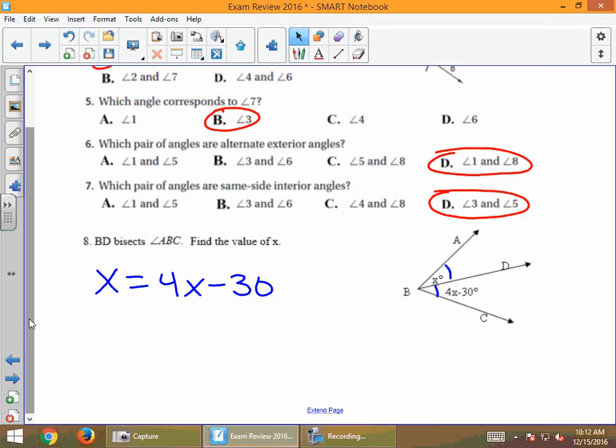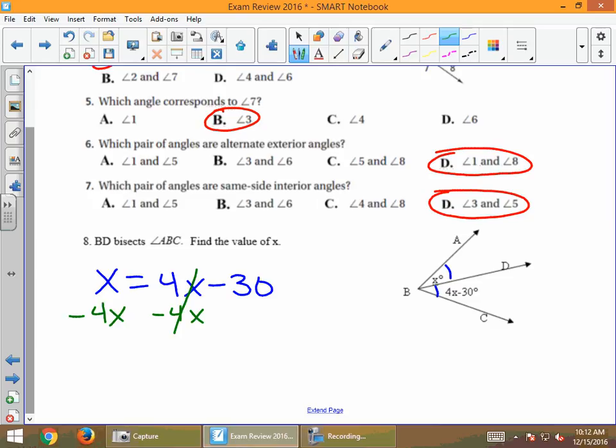It's a little different. I know we're used to taking the little x and moving it over, but if we do that, we're not left with anything on that side. So in this situation, we have to take the big x and move it over. We're going to subtract 4x on both sides. x minus 4x is what? Negative 3x equal to negative 30.